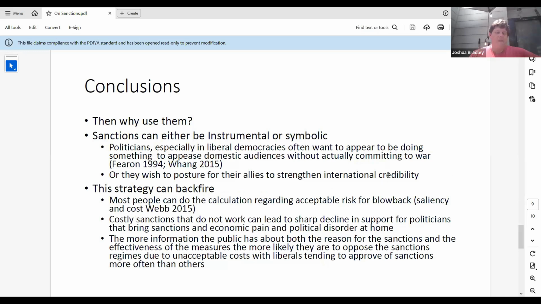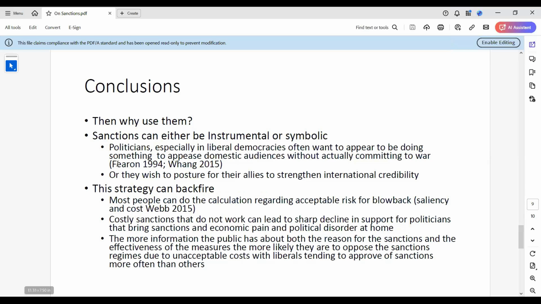And then the conclusions: why use them? I would say that we should not, but we'll do that in the discussion. We can actually skip most of this by summing it up and saying that we do sanctions for domestic political consumption. We don't really believe that they're actually going to work.